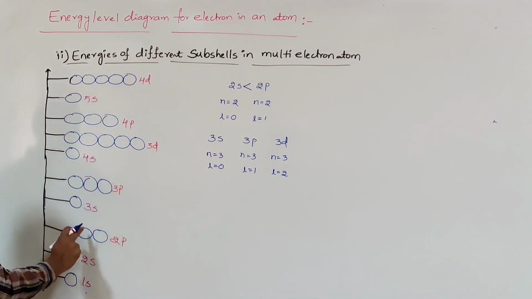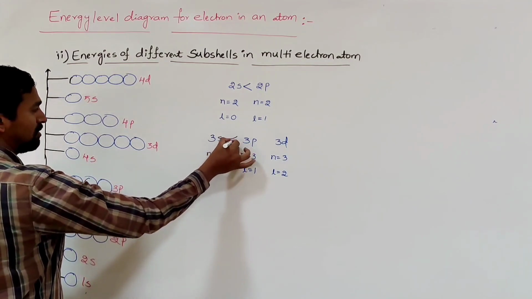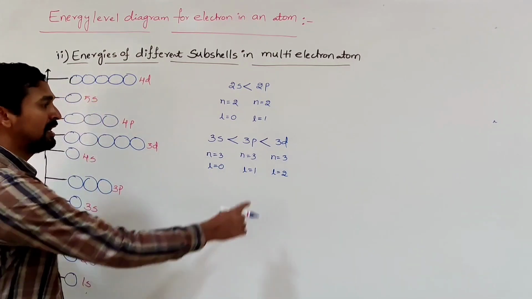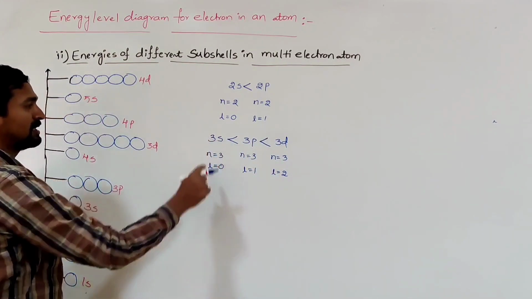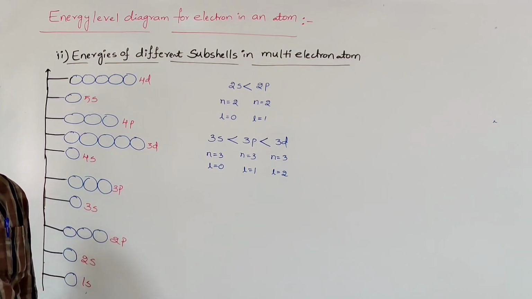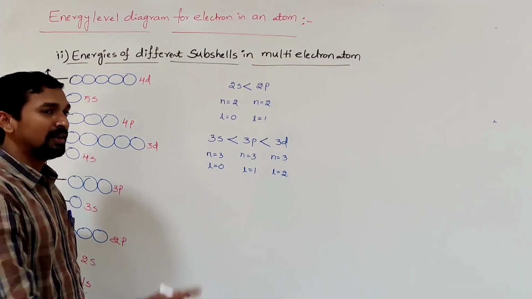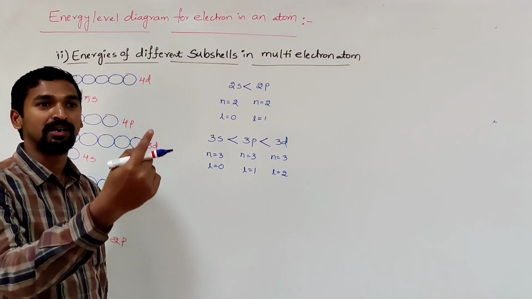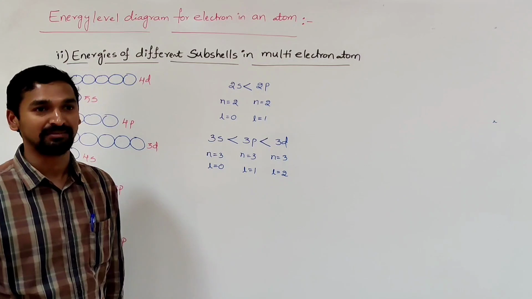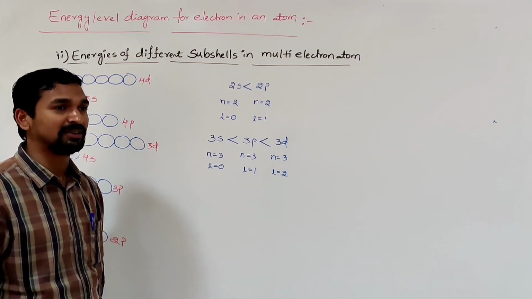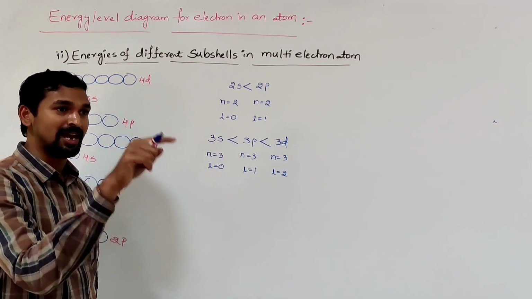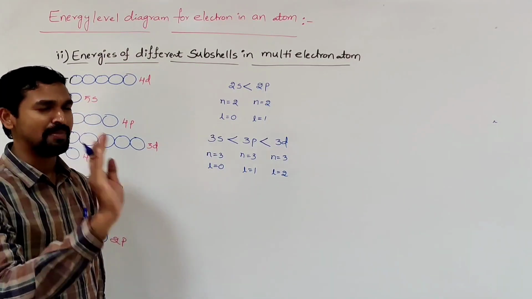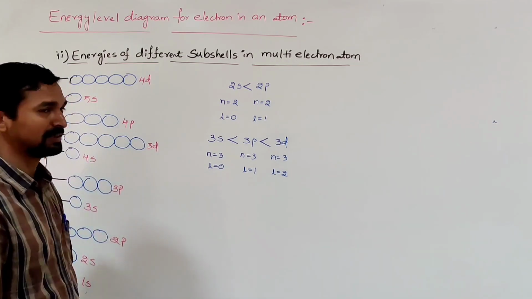From this energy level diagram, 3s has lower energy than 3p, and 3p is lower than 3d. The 3d subshell has the highest energy and the 3s subshell the lowest. So we can give one statement: in multi-electron atoms, different subshells in a given principal energy level have different energies. Whereas in the hydrogen atom, all the subshells in a given principal energy level have the same energy. That is the basic difference in the energy pattern.